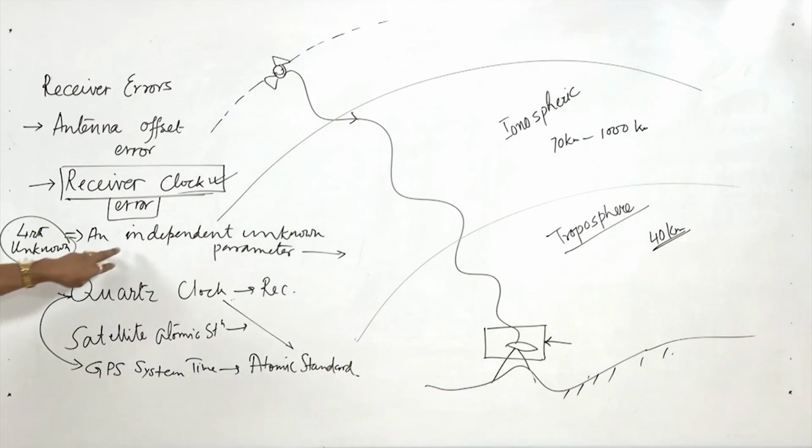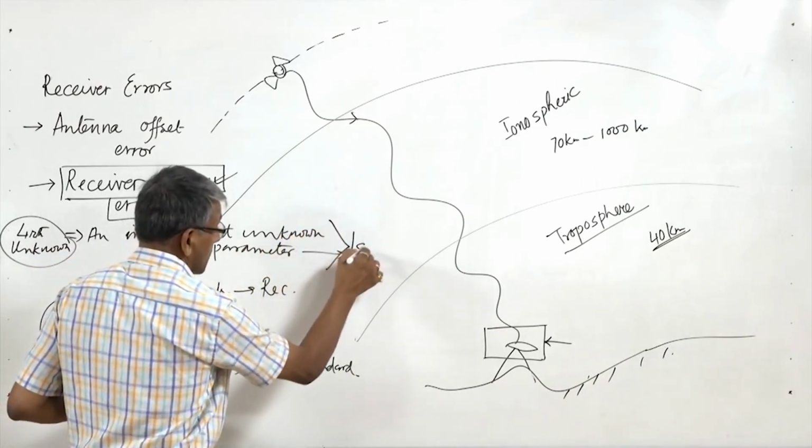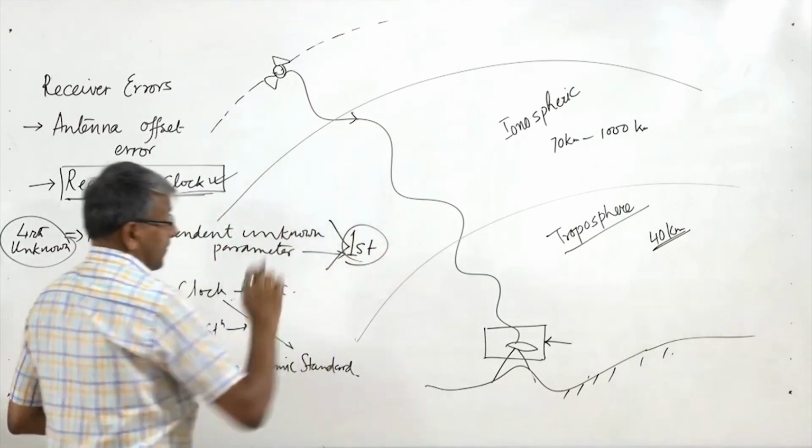Though it is termed as the fourth unknown in the GPS positioning computation, this is the parameter which has to be computed first.